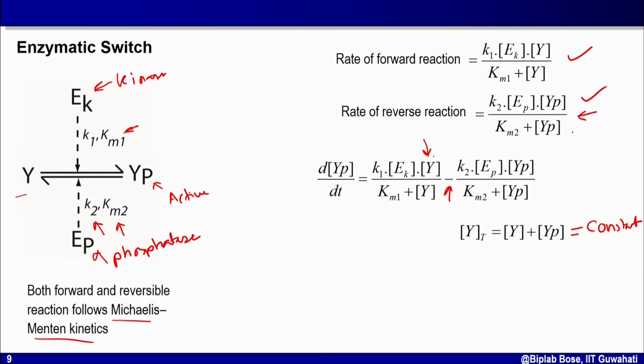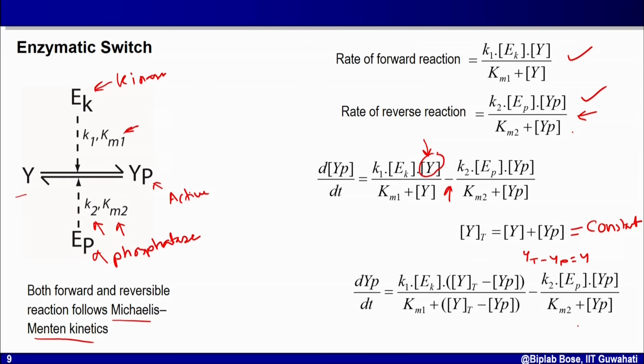So, I can replace Y by Yt minus YP. If I replace Y by Yt minus YP, I get this relation: dYP/dt equal to K1 EK (Yt minus YP) divided by the Michaelis-Menten constant Km1 plus (Yt minus YP), minus the reverse reaction rate K2 into EP into YP divided by the Michaelis-Menten constant for the reverse reaction Km2 plus YP.